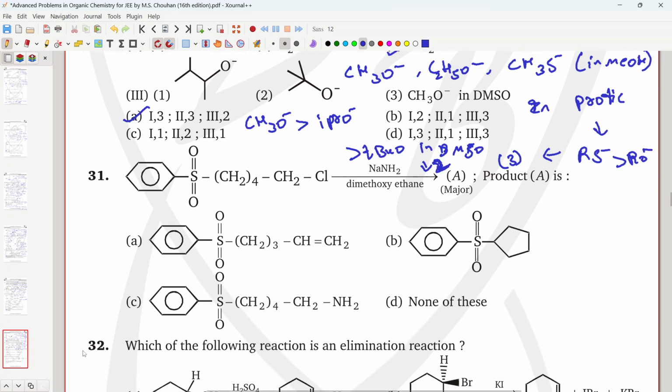Now the substrate is this with NaNH2. Step 1, NaNH2 removes a proton from the chain. The chain undergoes intramolecular SN2. So count carbons: SO2Ph, CH2, 5-Cl.